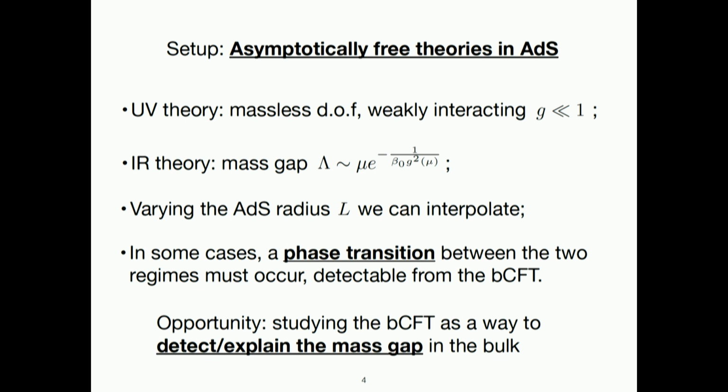So this gives us a nice opportunity in this setup, which is to study carefully the boundary conformal field theory, for which we can use all the wonderful modern techniques in CFT. And understanding how this behaves, we can use it as a way to detect, or perhaps ambitiously even explain, the emergence of the mass gap in the limit of large radius. Okay, so this is the idea.